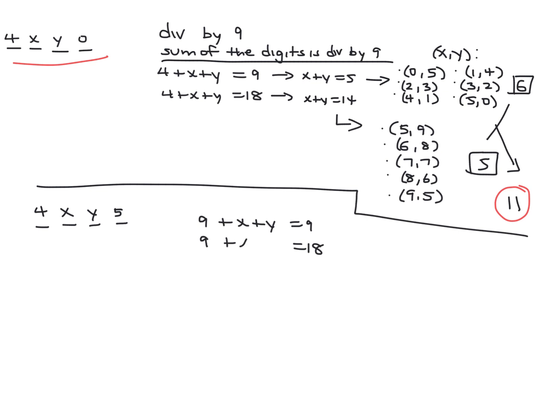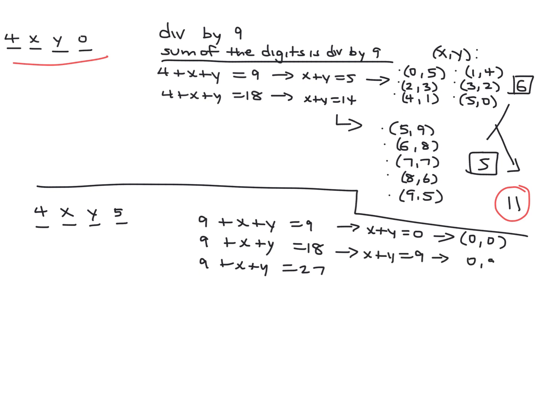So 9 plus x plus y is 9, or 9 plus x plus y is 18, or 9 plus x plus y is 27. So this basically means that x plus y is 0, and the only scenario there is 0, 0. This one means x plus y is 9. So that means you have 0, 9, 1, 8, and so on, all the way till 9, 0.